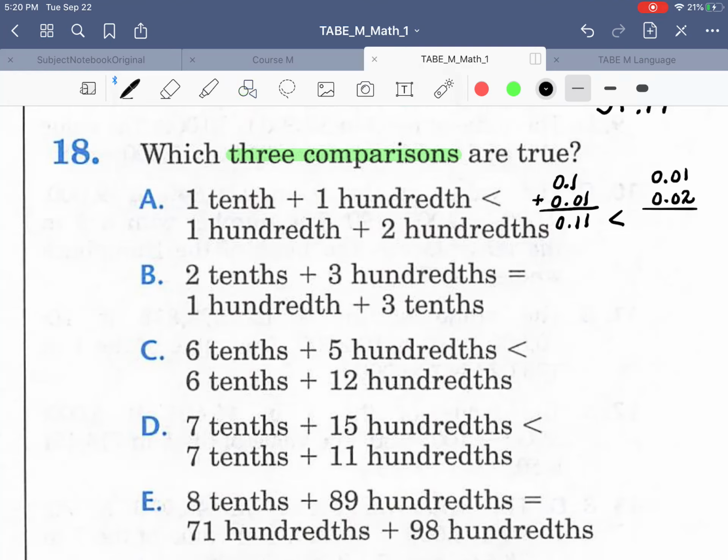So we have to add these and then see if this is true. So 1/100th plus 2/100ths, that statement is false.